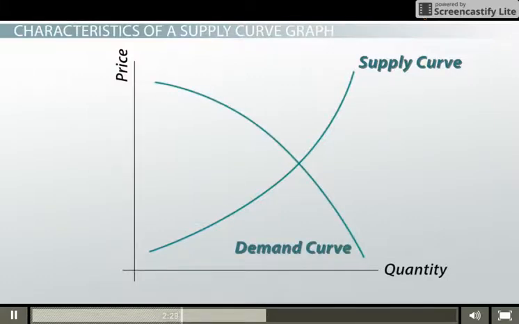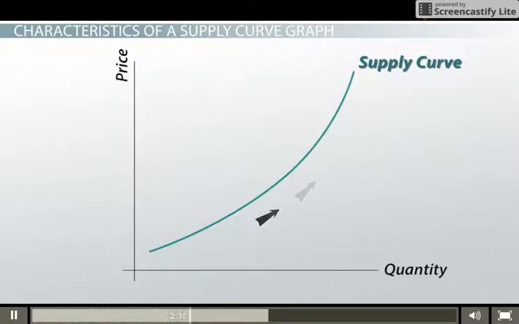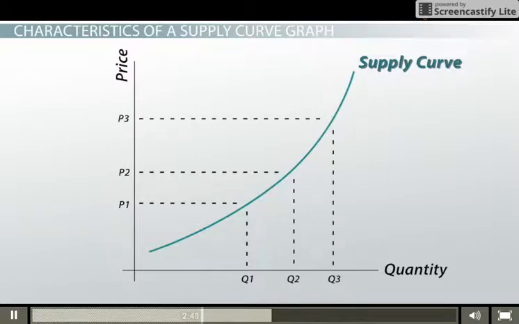This allows us to put supply and demand lines together on the same graph. In most cases, the supply curve is drawn as a slope rising upward from left to right, since product price and quantity supplied are directly related. As the law of supply states, more product will be supplied at higher prices. This is what makes the supply slope go upward.